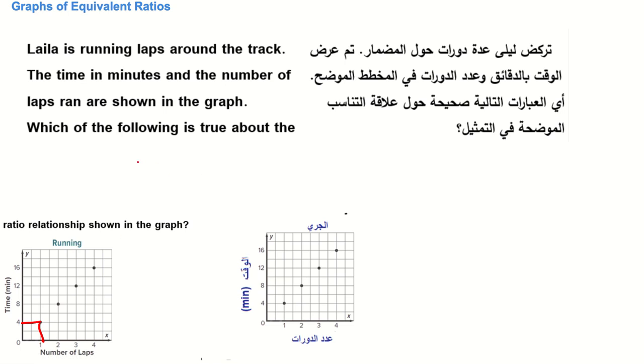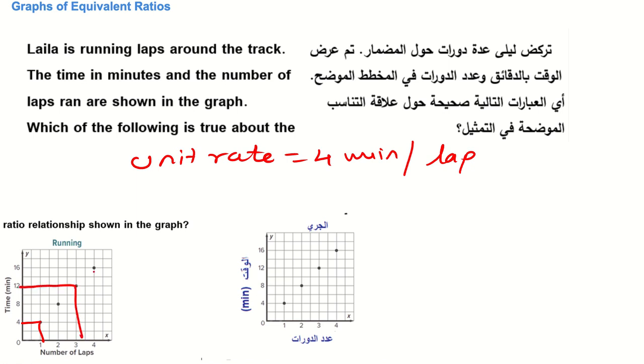So its unit rate is 4 minutes for 1 lap. It is called per lap or 1 lap. Similarly, you can find 3 minutes for 3 laps, 12 minutes. So like this, you can study the graph and then you can give the answer.